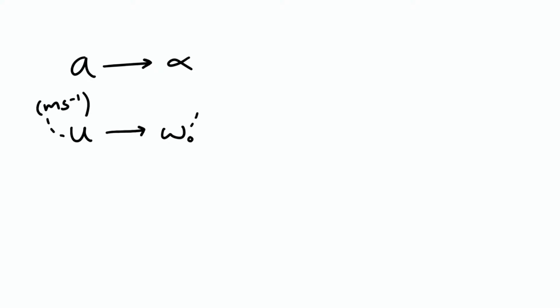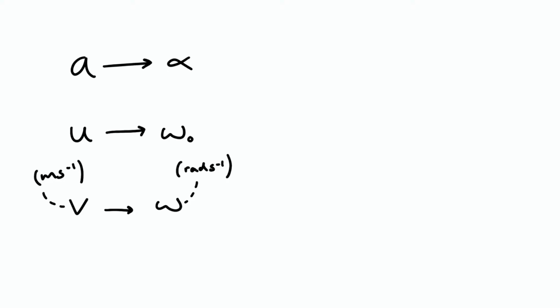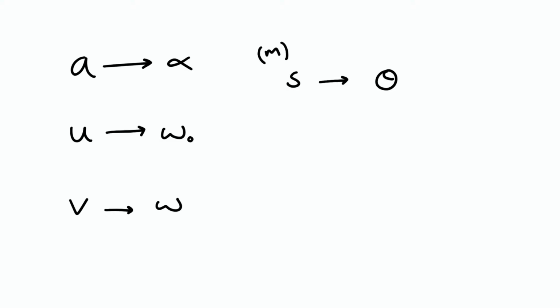And similarly, final linear speed goes to omega, which is also measured in radians per second. Then we have distance, which is measured in meters for linear distance, and this goes to theta, which is measured in radians. You can't really say there's a linear and angular time, so time just stays exactly the same.